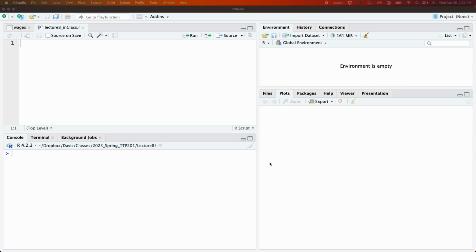Let's go to RStudio and come up with a procedure to implement k-fold validation.